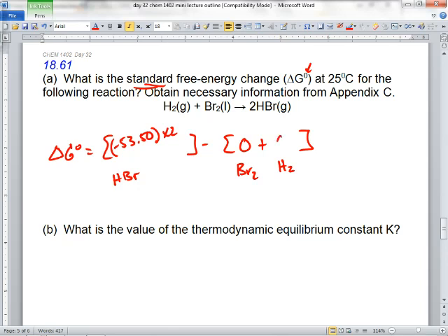It's 0. Okay. So, what are the units for delta G0 in our tables there, Jasmine? All over moles. So 2 times should be like negative 107? Yeah. Okay. We got it.